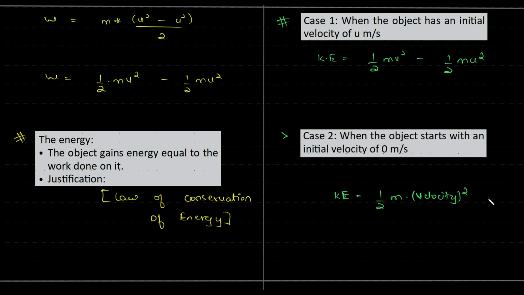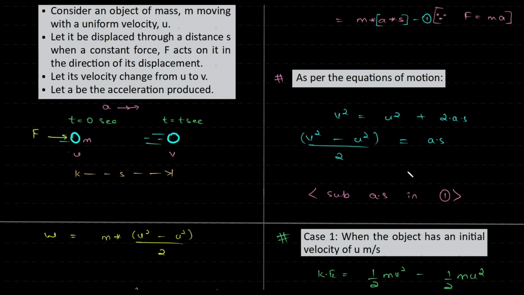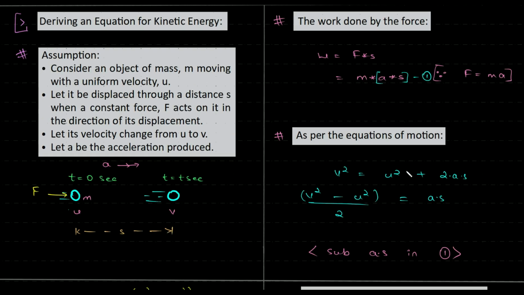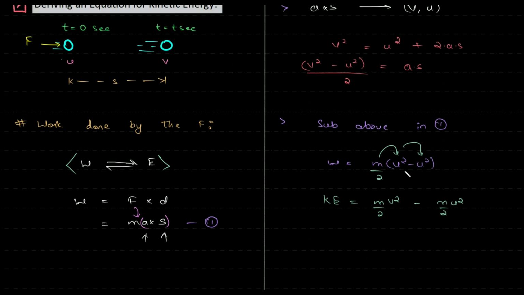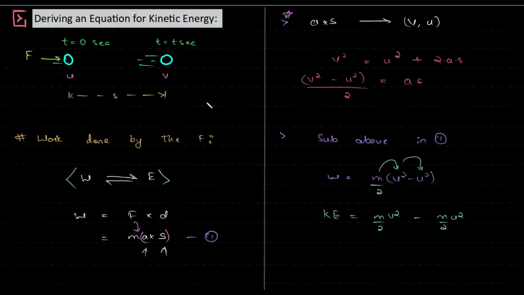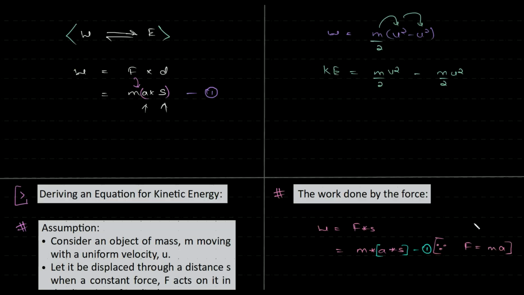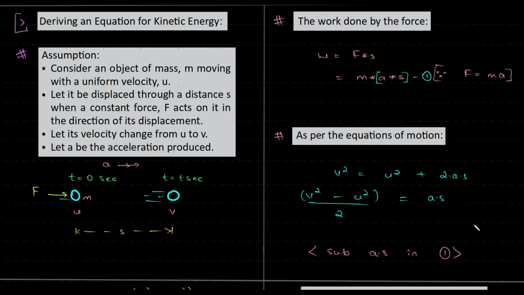Most of the time we use this only, but the funda is that we got it from here. So keep all of this in mind and learn it systematically. If you want to copy something from here or take a screenshot so that you can have a look at it in one go, anyway, this is what you have to write in your exam. You can't miss this. The same thing, just well structured.